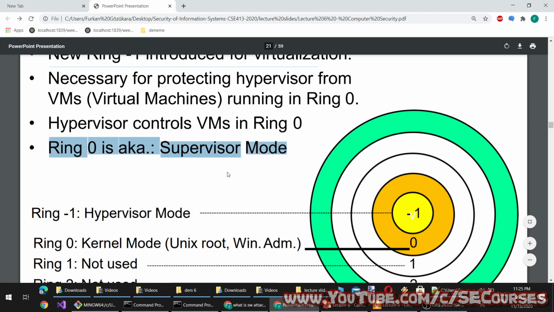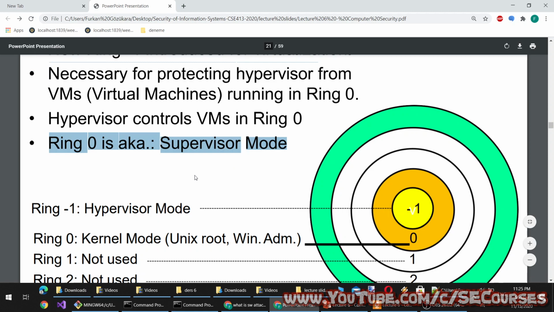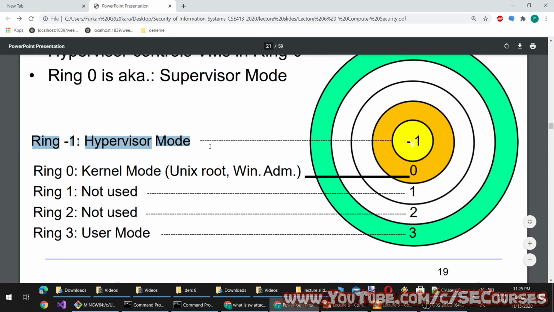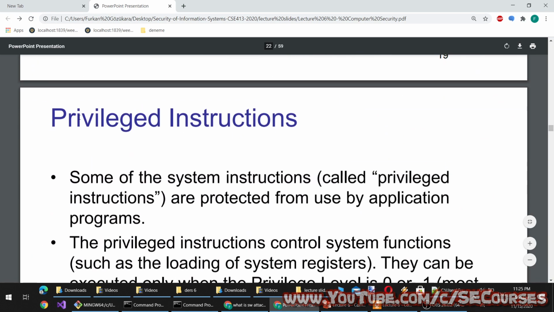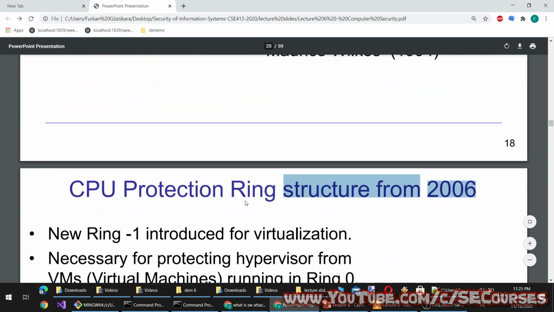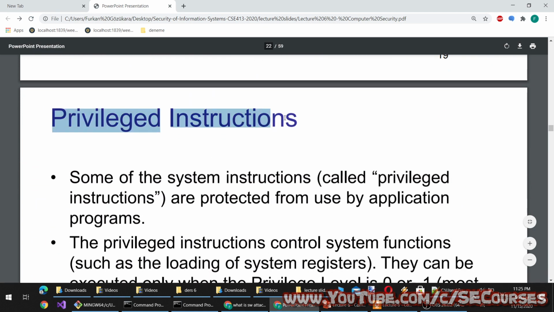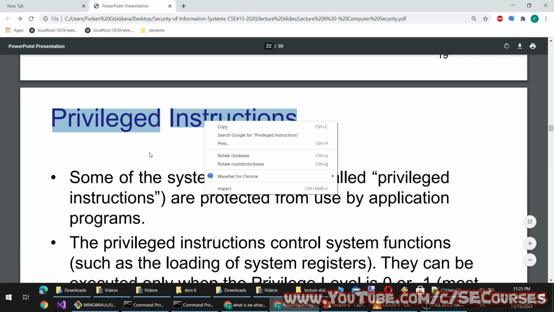Ring 0 is also known as supervisor mode. So ring -1 is hypervisor mode, ring 0 is kernel mode, Unix root, WinADM. Ring 1 not used, ring 2 not used, ring 3 is user mode. So this is introduced in 2006 and there are privileged instructions.